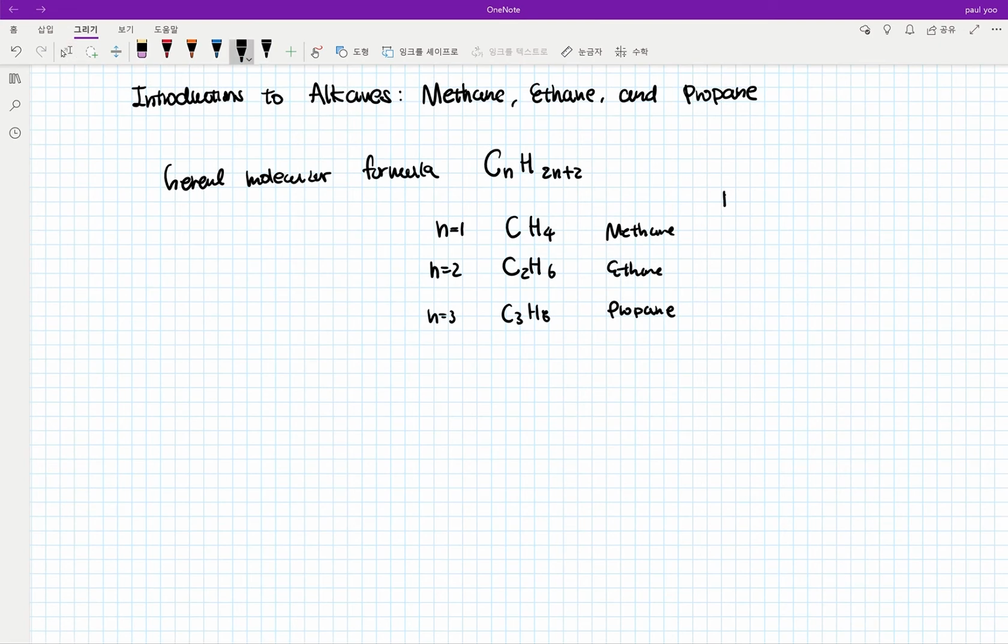The boiling points of those are negative 160 degrees Celsius, negative 89 degrees Celsius, and negative 42 degrees Celsius. So the pattern is that the boiling point increases as the number of carbons increases.